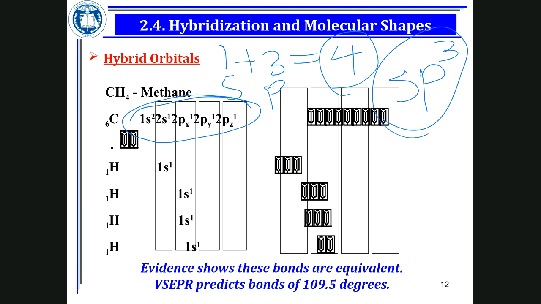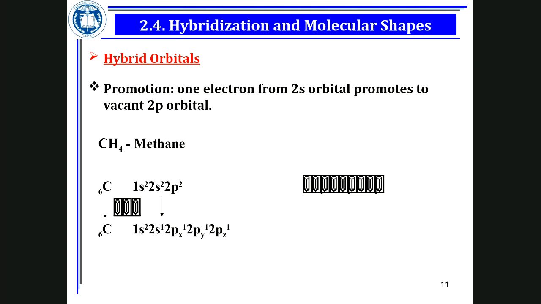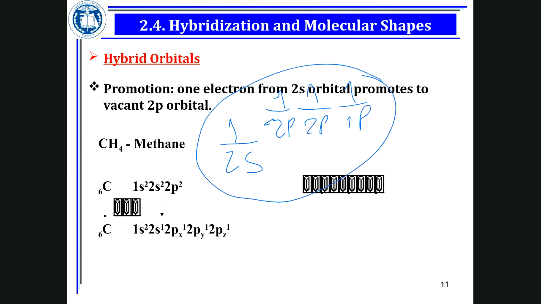So when you mix the 2s with 1 electron and the 3 p orbitals, each one with 1 electron, after you mix them, basically blend it together, just like mixing the yellow color and blue color together, you are going to end up with four hybrid orbitals.